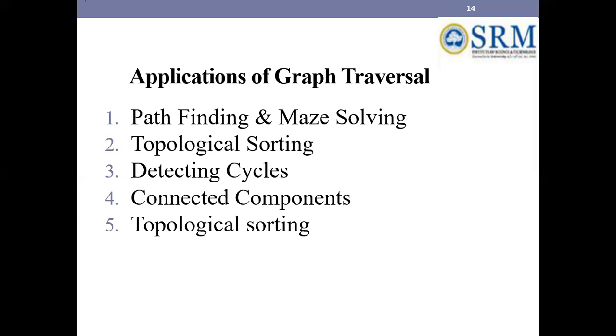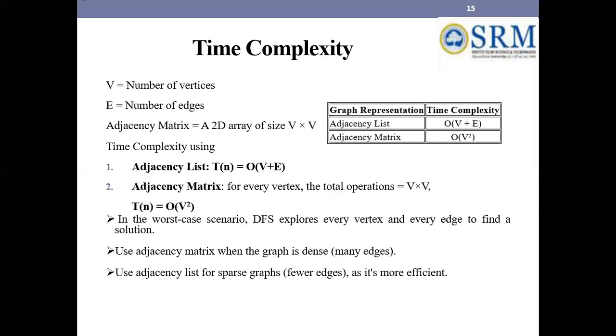Detecting cycles: if we have a set of elements, we can find by using DFS whether there is any cycle in the graph or not. And connected components: whether all the nodes are connected or disconnected. So we can check the connected or disconnected property using the depth first search approach.